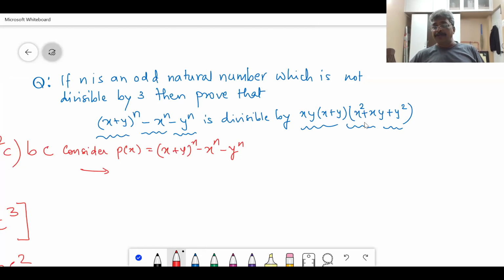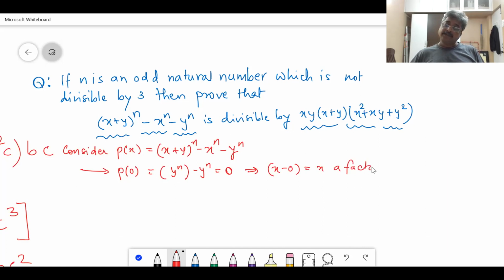Now already you have been given this RHS, so you know what factors are. So is p of 0, if we put x is equal to 0, what do we get? y raised to n minus y raised to n is equal to 0, implies x minus 0, which is x, a factor of p of x.